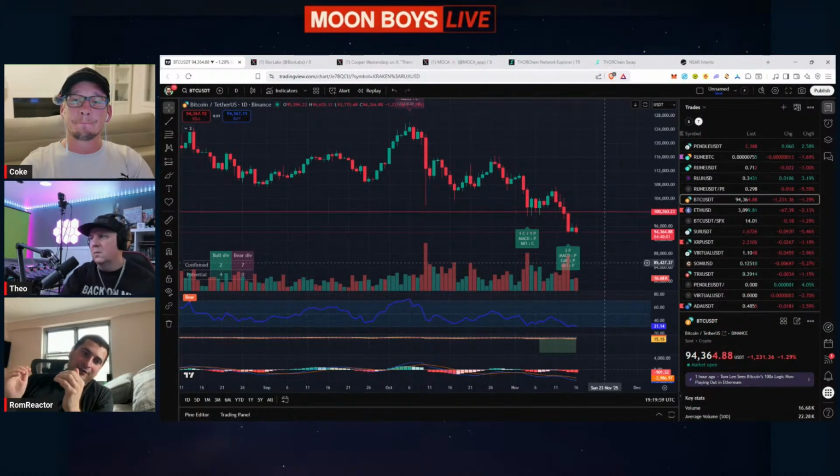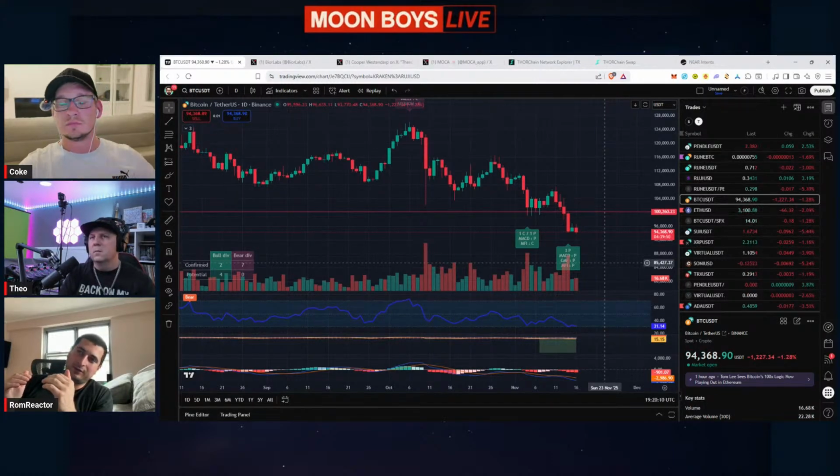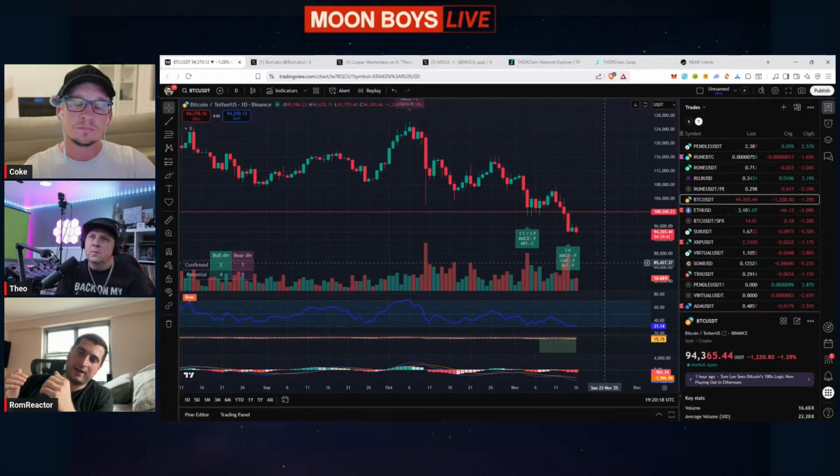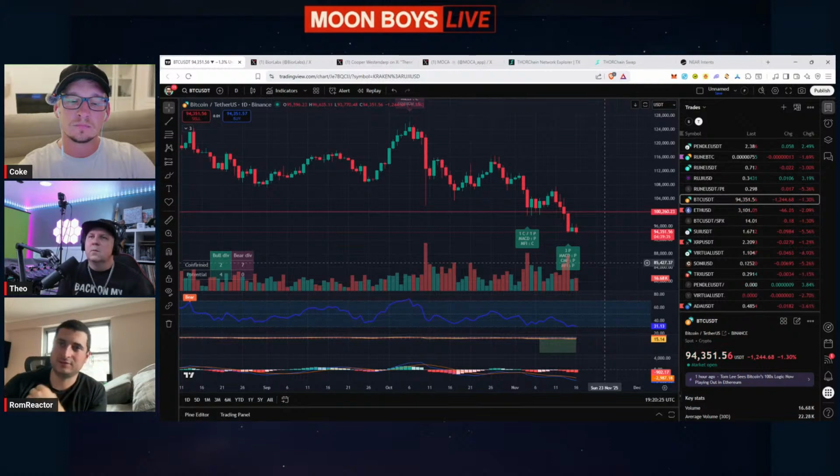Is holding dollars a higher risk than Bitcoin going to 70K right now, for example? Yeah, exactly. It's a risk-reward situation. I think people holding stables are at a higher risk of missing out on some kind of rally or retest. But afterwards, it might make sense to keep holding your stables, because if that retest fails and it goes into a bear market, you don't want to be in.